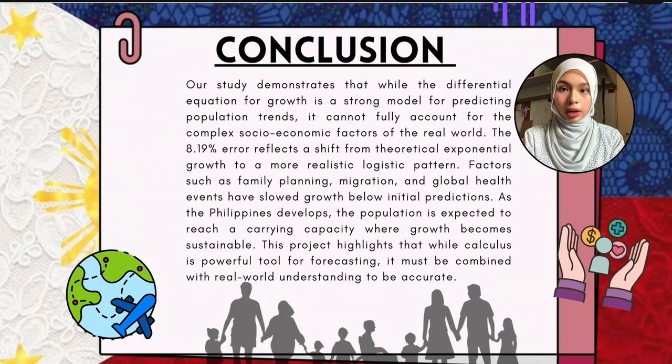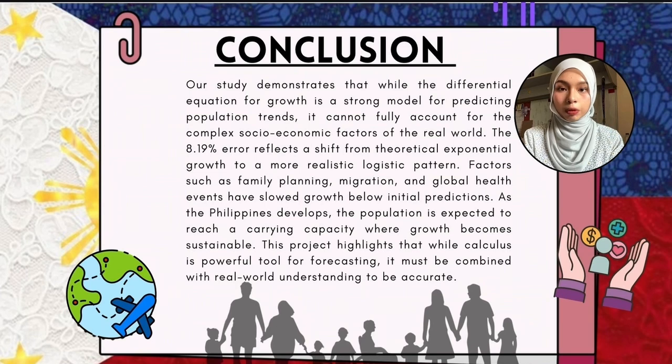In conclusion, our study demonstrates that while the differential equation for growth provides a strong foundational model for predicting population trends, it cannot account for the complex socio-economic variables of the real world. The 8.19 percent error we calculated reflects a transition from theoretical exponential growth to a more realistic logistic growth pattern.